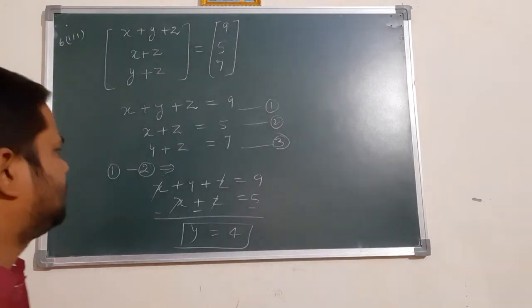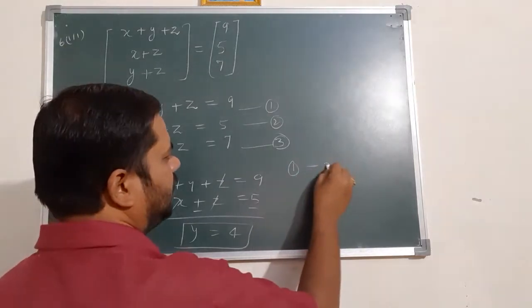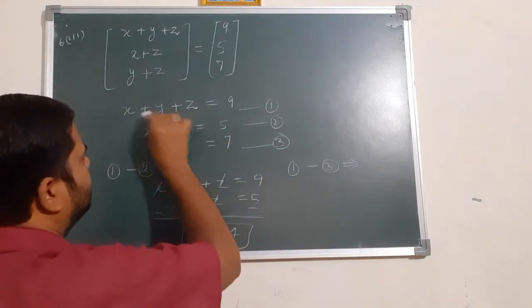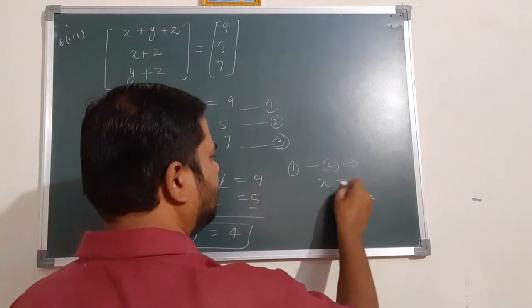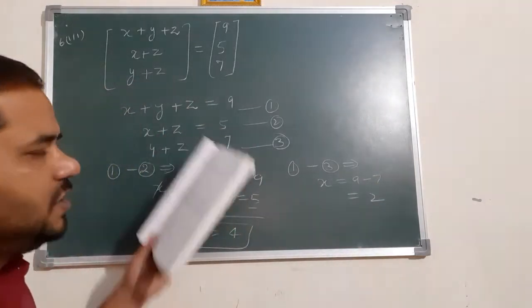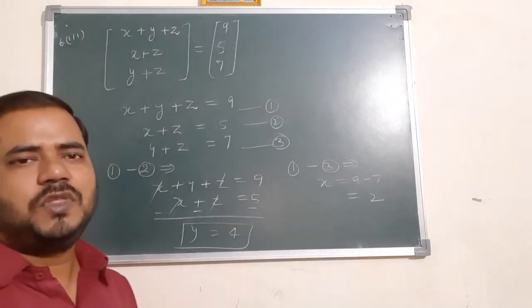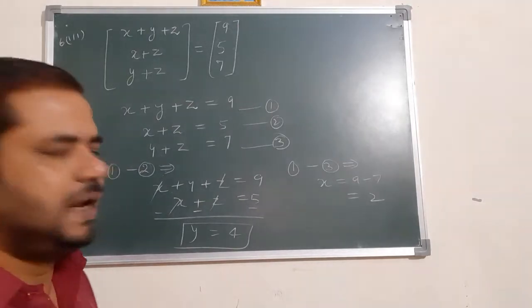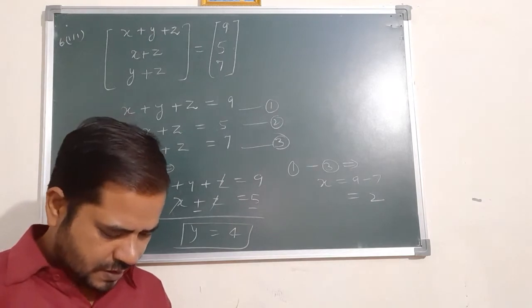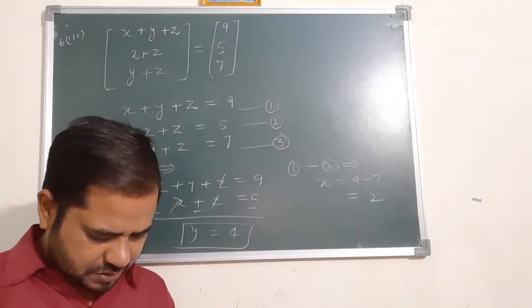Similarly, if we subtract 3 from 1, then y and z cancel out, x is 9 minus 7, this is 2, and putting the value of x and y in the first equation, we will have the value of z. So you can solve by this method. Note it down, and then after that the 7th one.